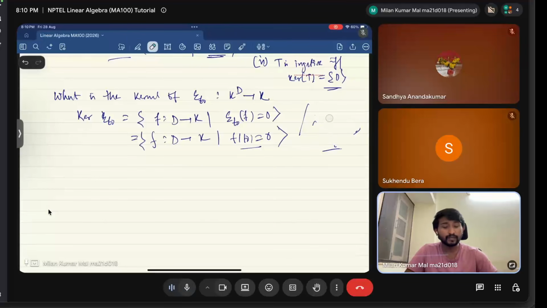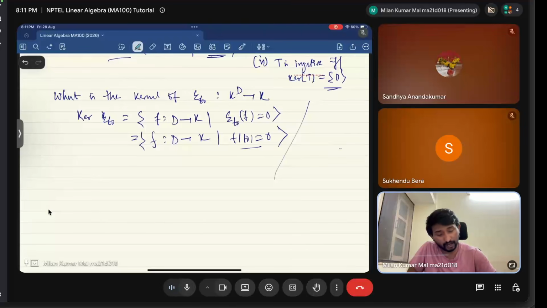So this is a very easy way to see that this is a subspace. So if you remember, a collection of functions which vanish at some fixed point becomes a subspace, that is true. And in fact, you can say something like the converse.